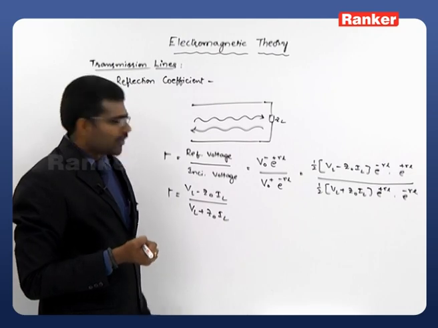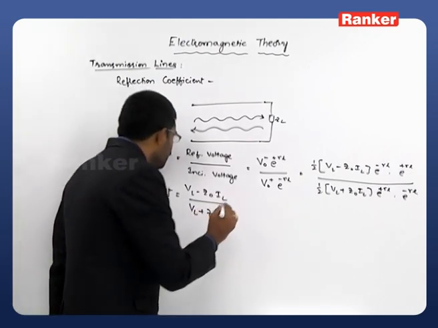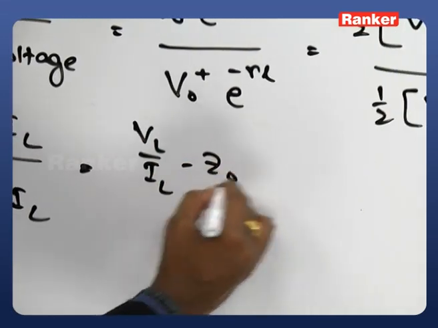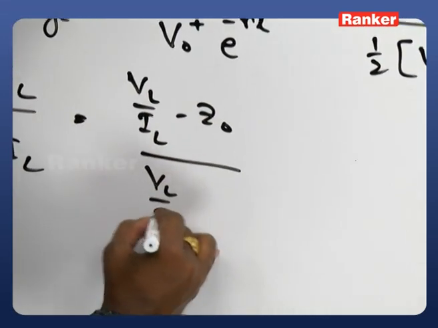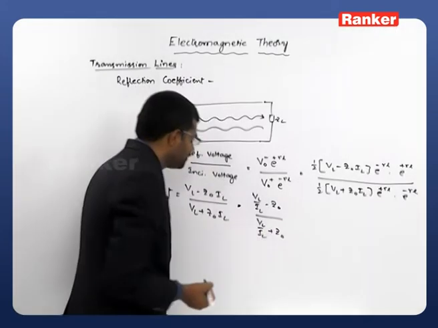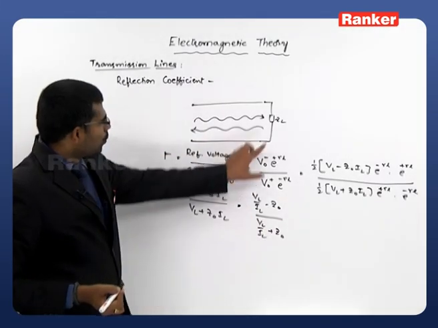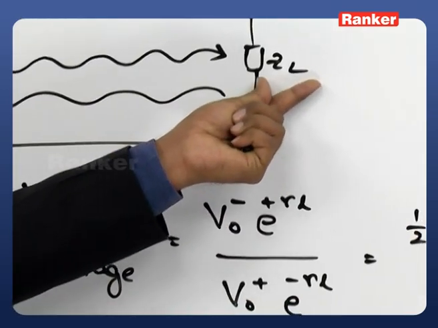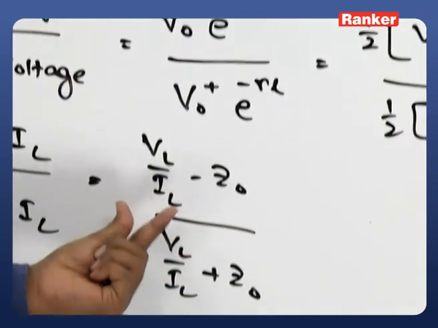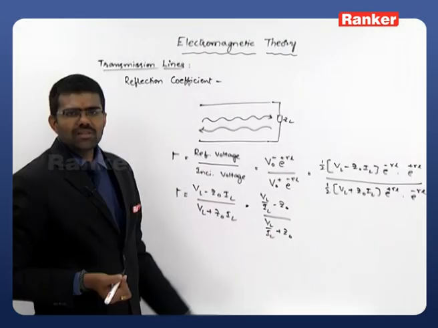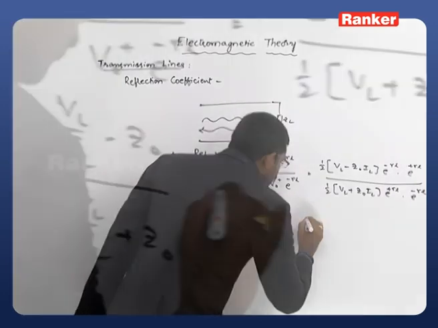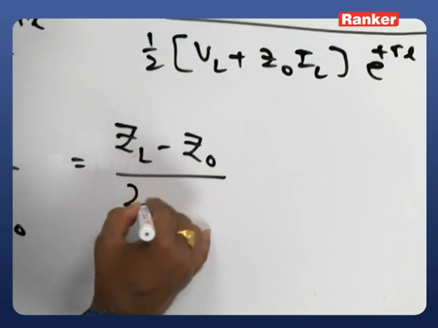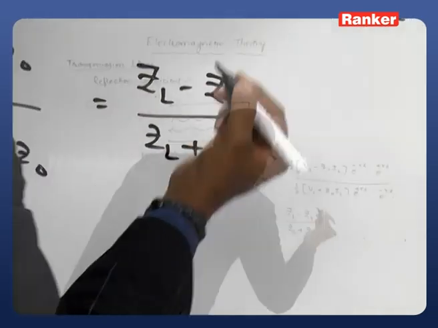This simplifies the equation further, which gives you (VL by IL minus Z0) divided by (VL by IL plus Z0). What is VL by IL? The voltage at the load divided by the current passing through the load is nothing but the load impedance ZL, right? So VL by IL can be replaced with ZL. So gamma is equal to (ZL minus Z0) divided by (ZL plus Z0).